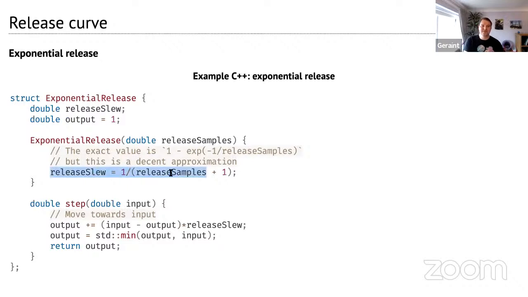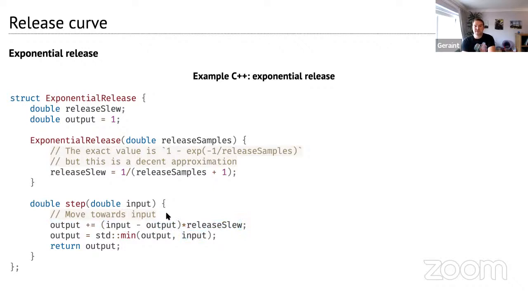So you calculate some kind of averaging value for your exponential, and then every time you have an input sample, you move towards it slowly, but if it turns out that you're decreasing, then you move down instantly.